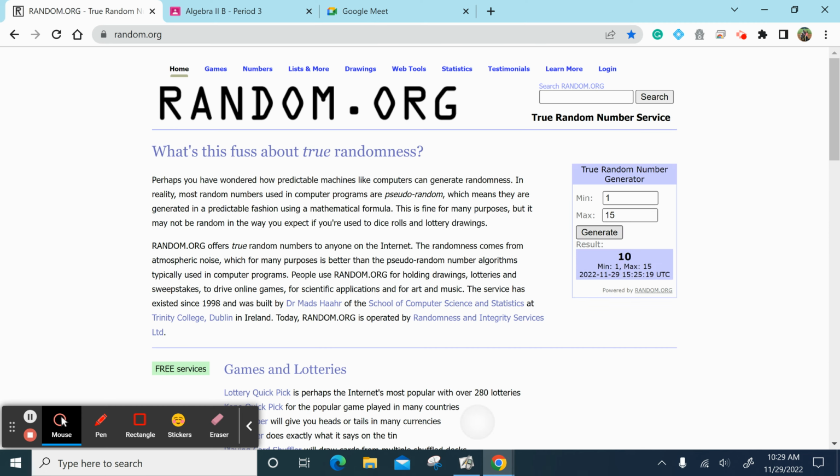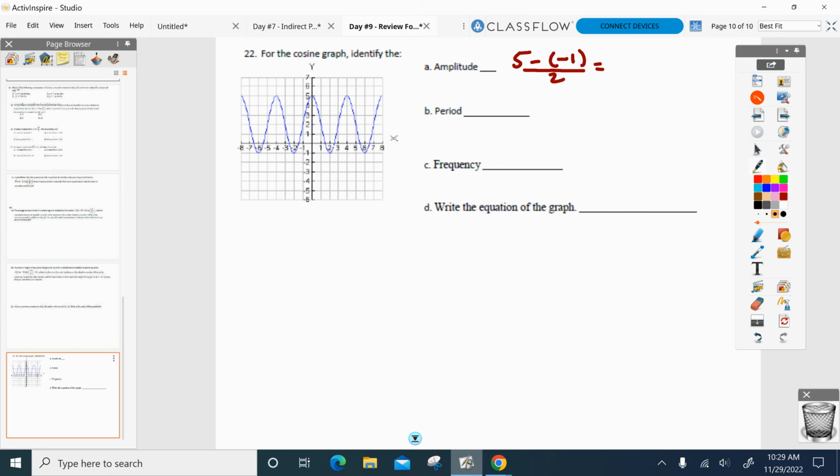What did we get for our amplitude? 3. Good. 5 minus negative 1 over 2. Period. You guys know the deal. Start on the y-axis. Trace, trace, trace. Where does it stop and repeat? Look down. That's what your period is on the x-axis.